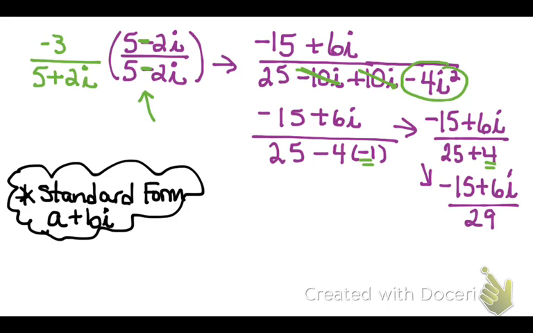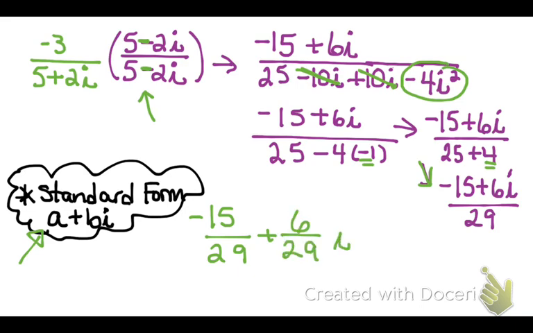And so we're nearly done, but it says to write it in standard form, and standard form says a plus bi. So the last step is just to separate it out a little bit. So negative 15 over 29 plus 6 over 29i, and that would be the final answer.